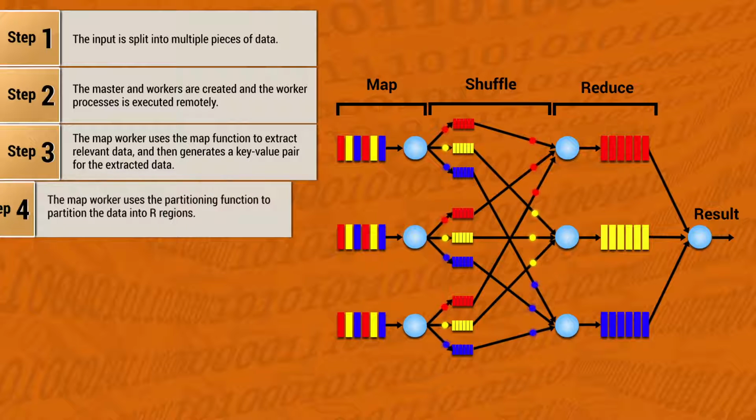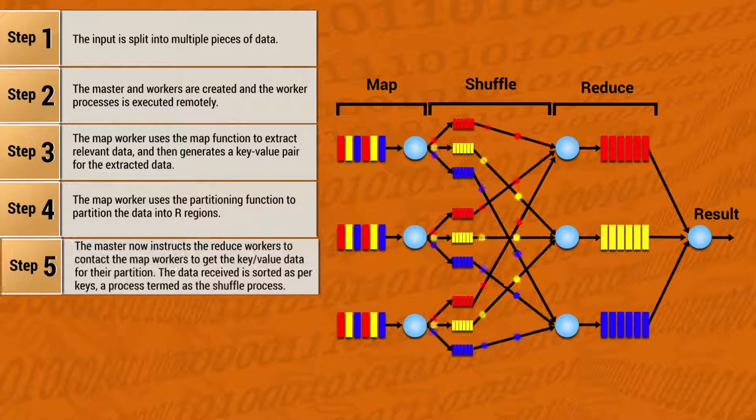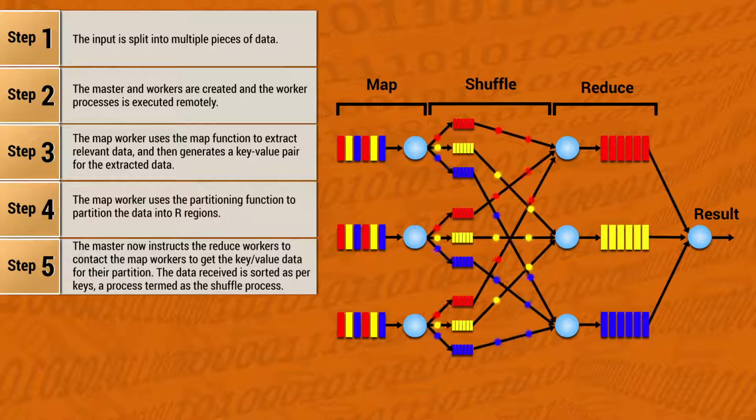When that is done, the map worker uses the partitioning function to partition the data into R regions. The master now instructs the reduce workers to contact the map workers to get the key value data for their partition. The data received is sorted as per keys, a process termed the shuffle process.